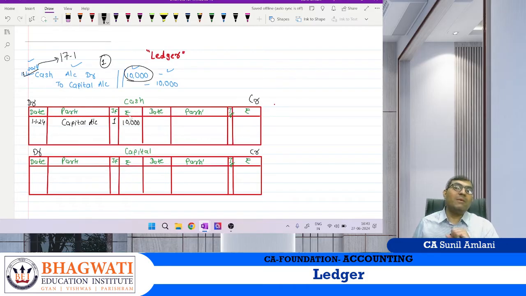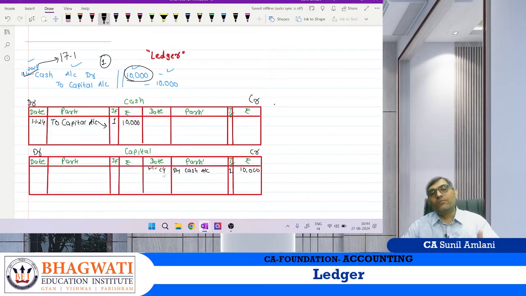Now remember, in debit we add "To", and while we are posting on credit, we write "By". So this is going to capital account, and in capital account it is coming from cash account. Page number 1, 10,000 rupees, and date 1/1/24. This is how we record it.